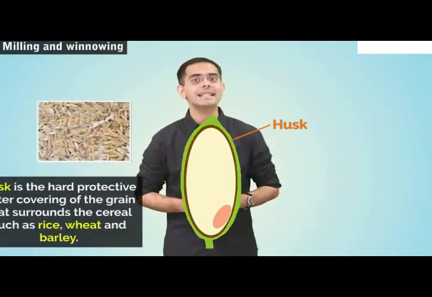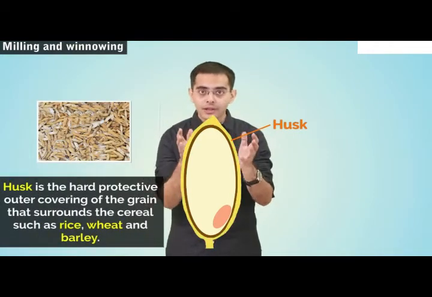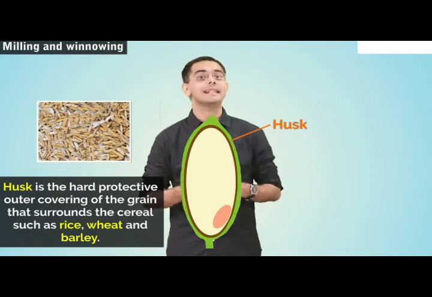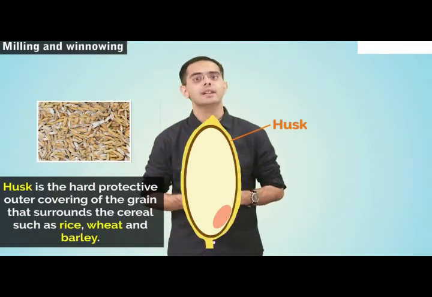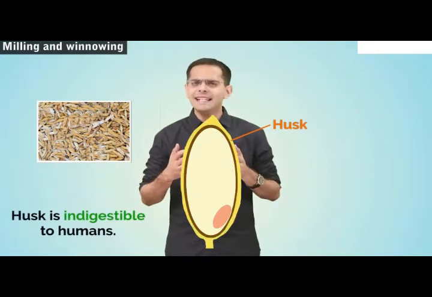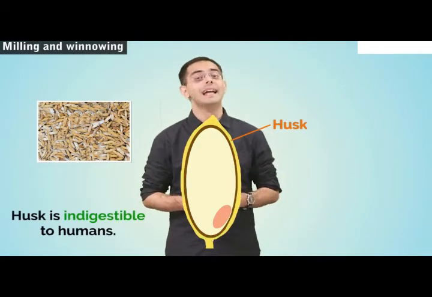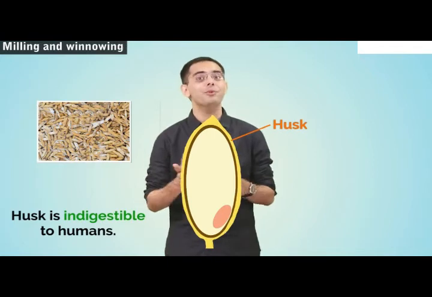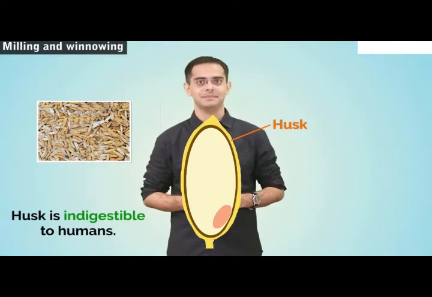Well, husk is the hard protective outer covering of the grain that surrounds the cereal such as rice, wheat or barley. And it is indigestible to humans. And that's the reason it needs to be removed from the grain.